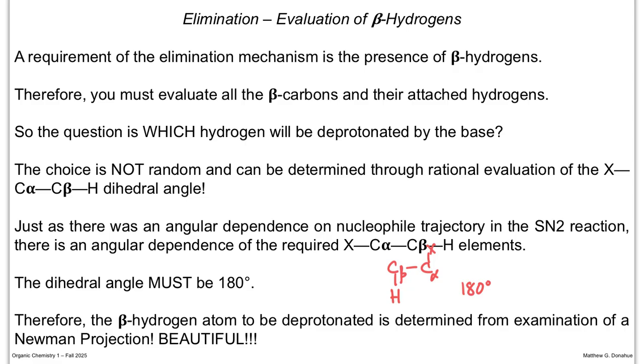So that will get into looking at Newman projections, conformational analysis. And then the other thing that will matter for this is the size of the base that we're using. So we can have small bases or large bases, and then we have to match it to the class of beta hydrogen. How accessible are they?